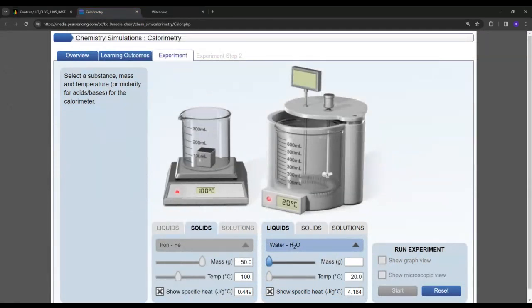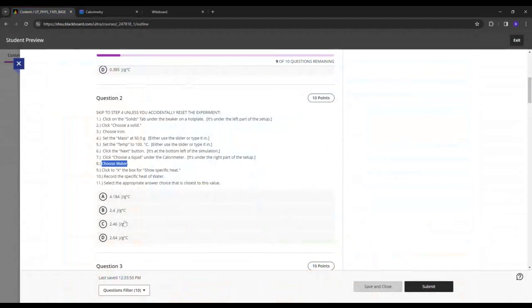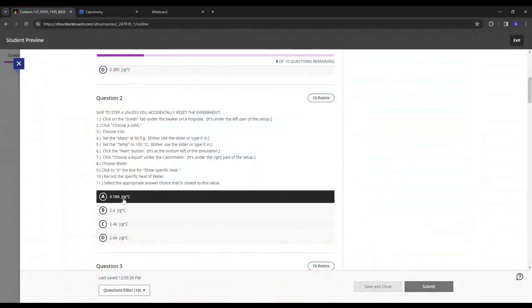That number technically does change with temperature and pressure and some other stuff. So we do want to be careful to look at the value that's here. And for other assignments, you want to look at whatever value is given to you, because technically that's not always consistent between different sources. Okay, so if we look, that's this one, 4.184.